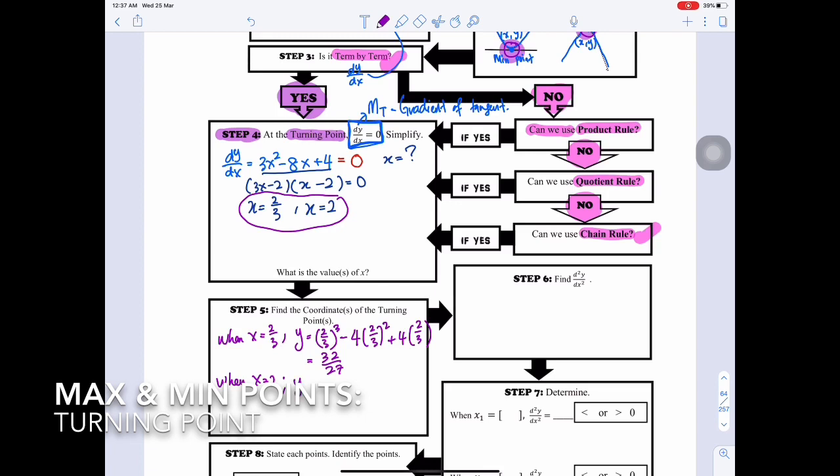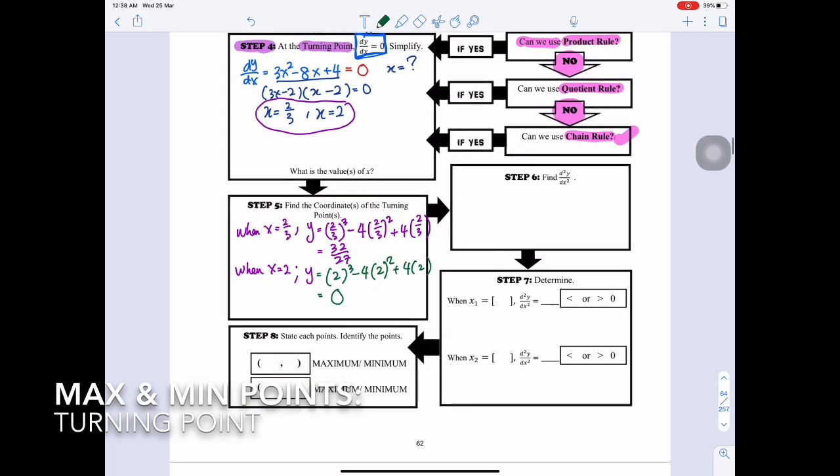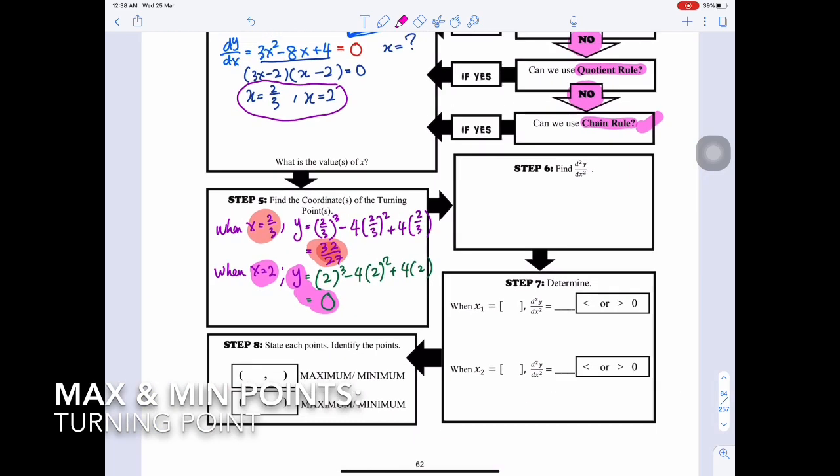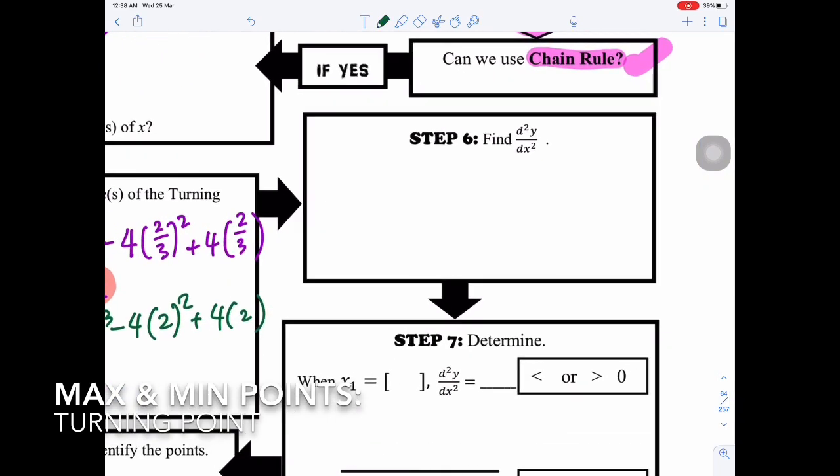So y equals 2 to the power of 3 minus 4 times 2 squared plus 4 times 2, so you will get 0. So now, when x equals 2/3, y equals 32/27, and when x equals 2, y equals 0. Okay, next step, step 6.